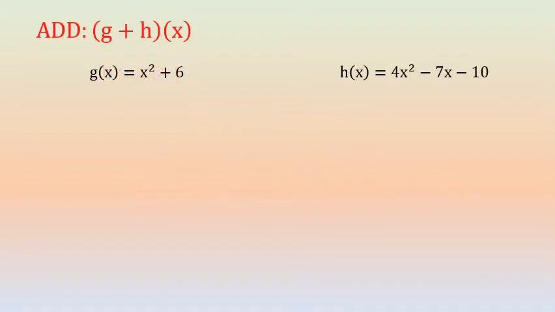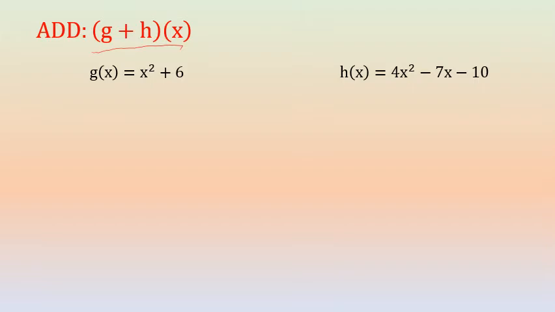In adding functions, we have some steps to follow. Okay, so we have here, if you can see, what is asked is to find the sum of g and h of x. Now, how do we do it, or how do we add functions?